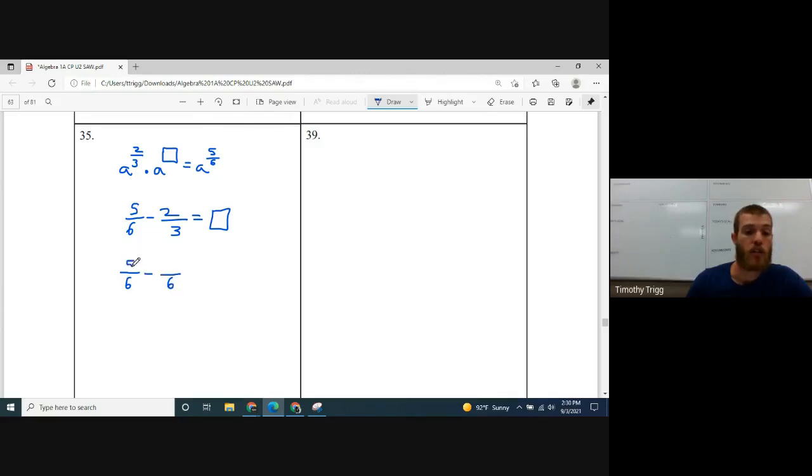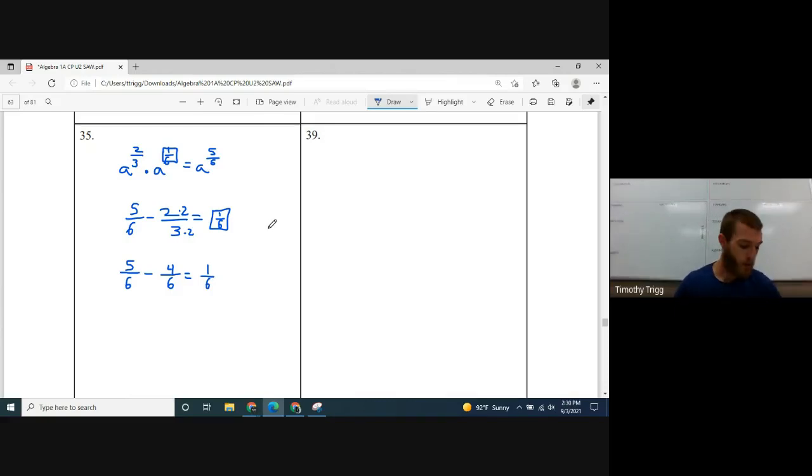So this first fraction doesn't need to change, but the second fraction needs to multiply by 2 on both the denominator and numerator to change this into sixths. So that makes 4/6. 5/6 minus 4/6 is 1/6. So the answer is that 1/6 goes in this blank.